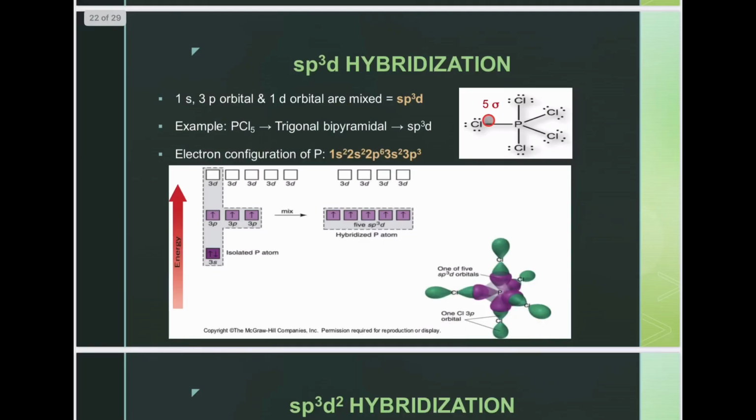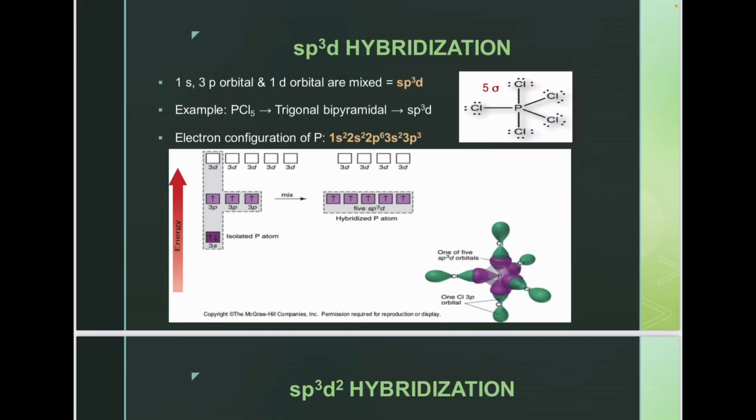For the sp3d hybridization, the 1s, 3p and 1d orbitals are mixed. Example, PCl5. The geometry is trigonal bipyramidal. Electron configuration of phosphorus: 1s2 2s2 2p6 3s2 3p3.